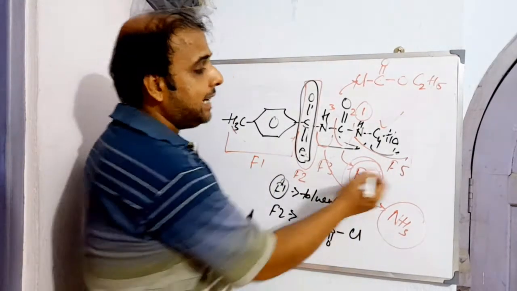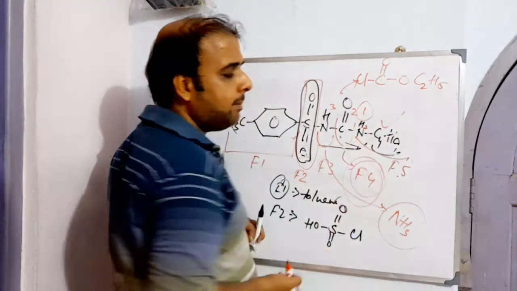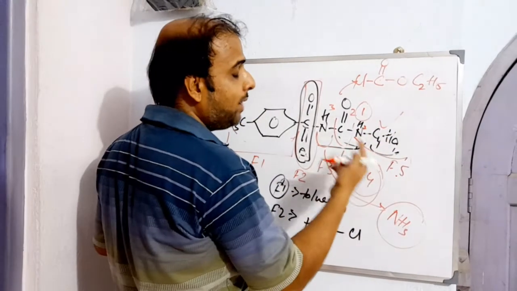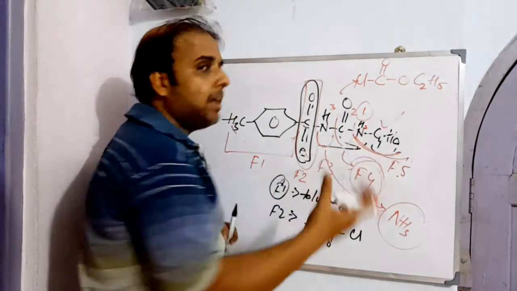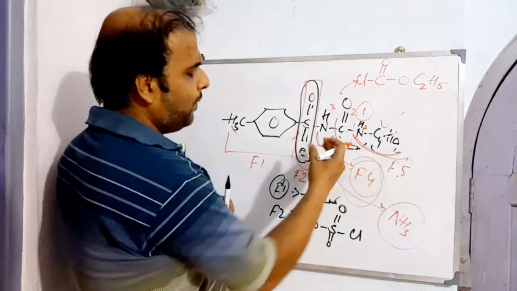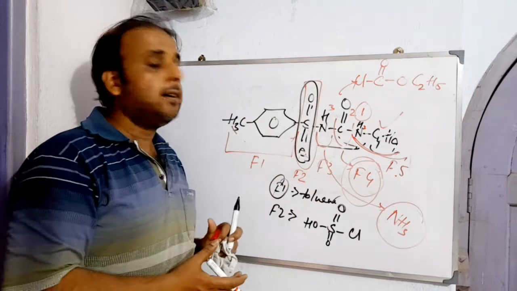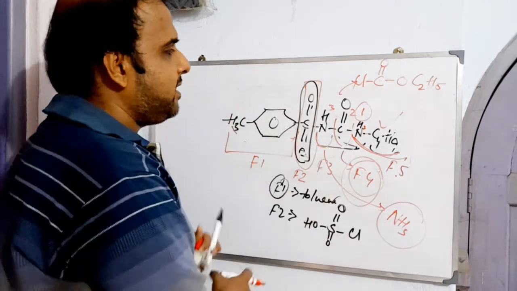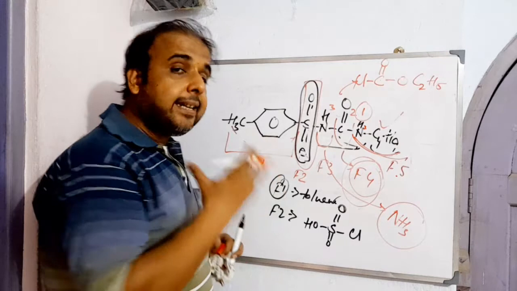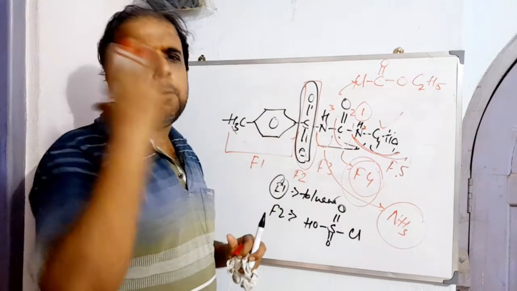And finally F5, this should be a butyl amino. Butyl amino is acting as a substituent, so butyl amine is the reagent with which we can complete the synthesis. These are the various pieces of information that we got while dissecting the compound into possible fragments.